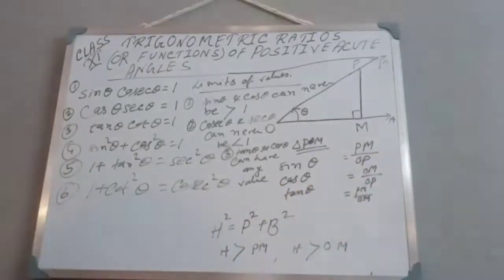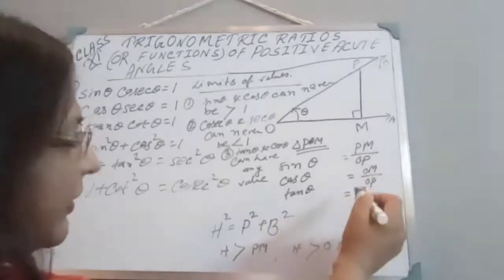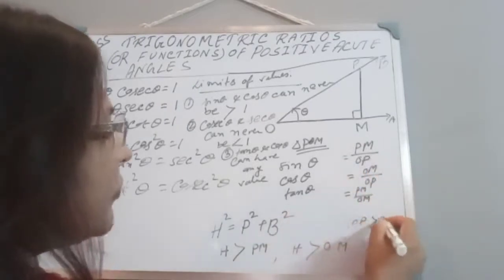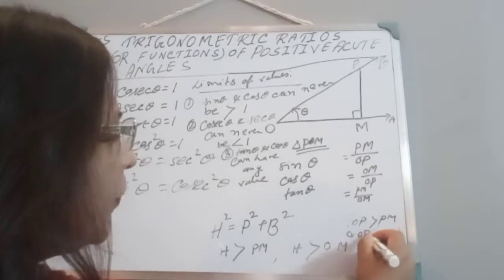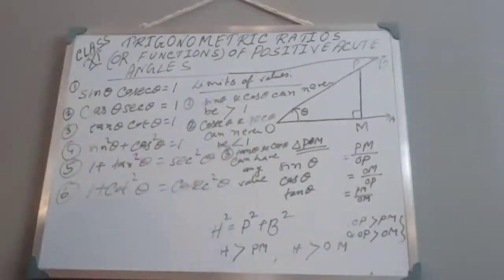Sin theta can never be greater than 1, and cos theta also can never be greater than 1, since OP is more than PM and OP is more than OM. That is why sin theta and cos theta can never be greater than 1.